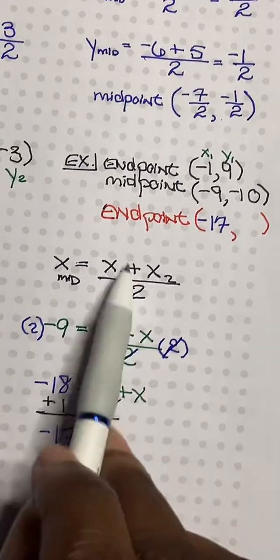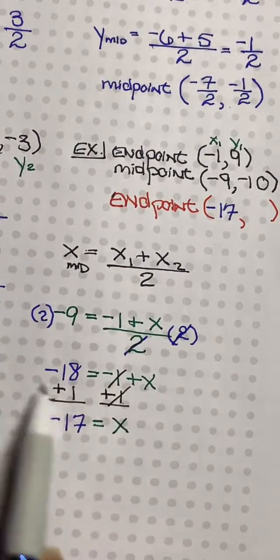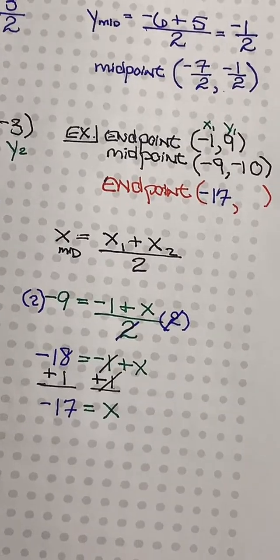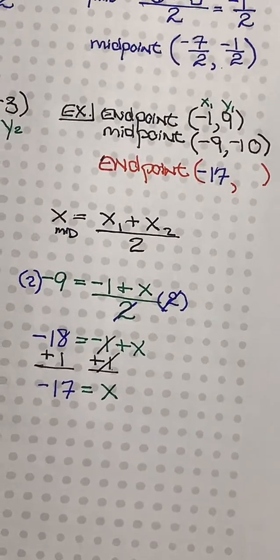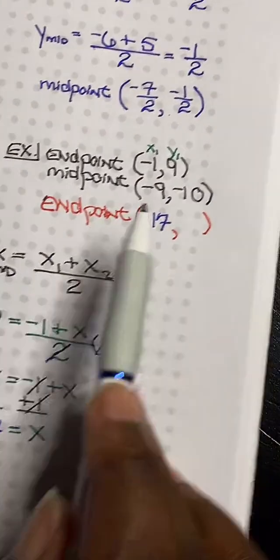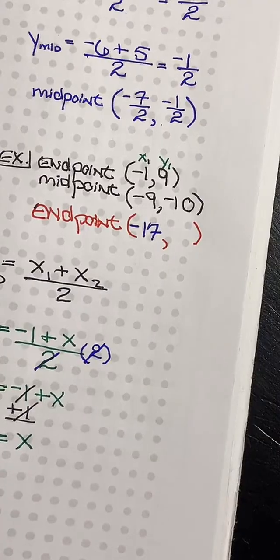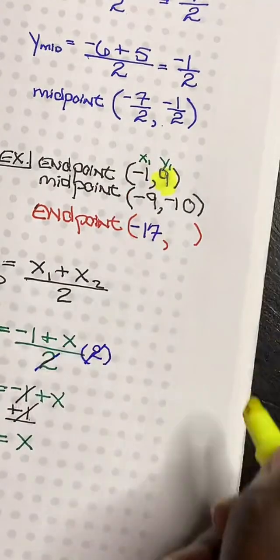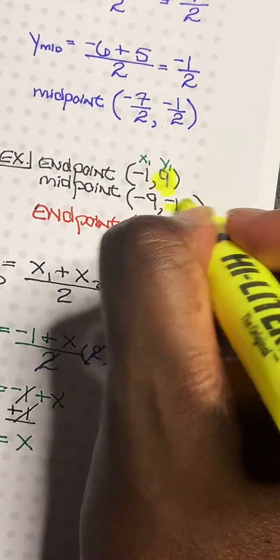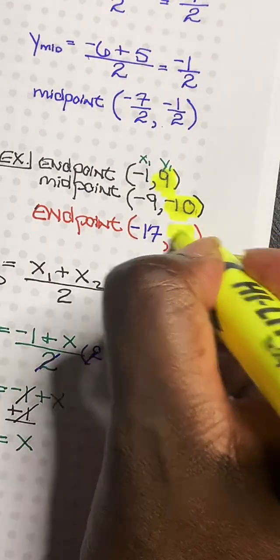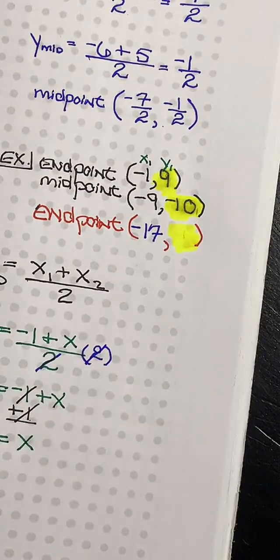So that was finding the x's. Now we're going to do the same exact thing. Let me lower this down a bit, and we're going to try to find the y's. That means, let me get my highlighter, that we're going to focus on the y value of the endpoint that's given and the y value for the midpoint, in order to figure out the y value of the missing endpoint.